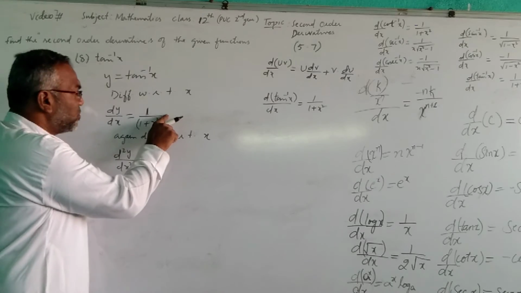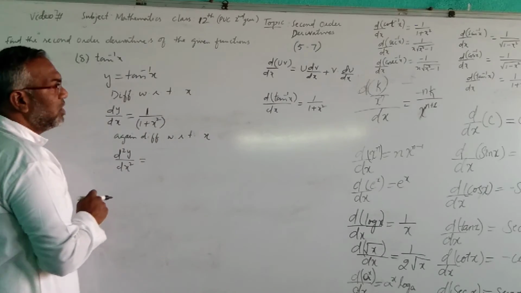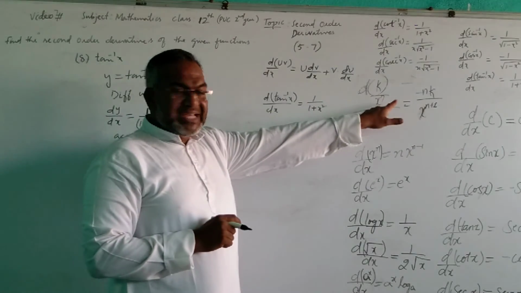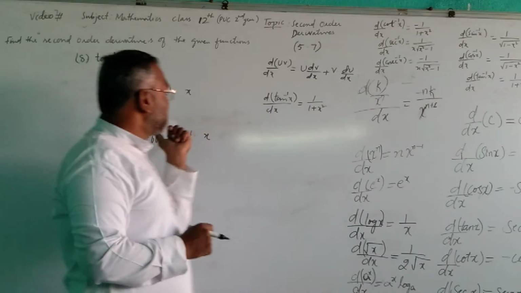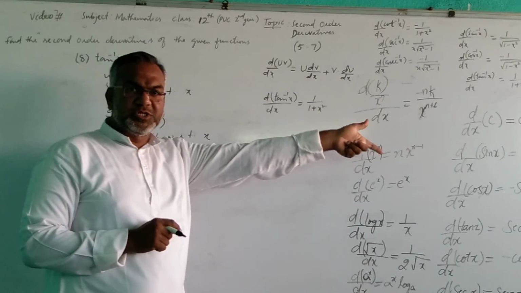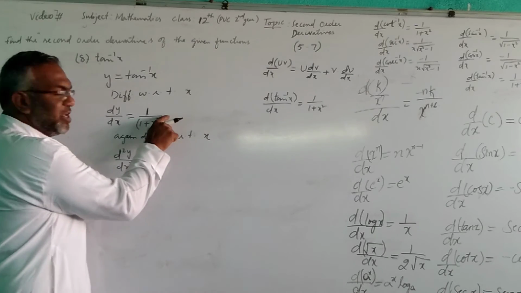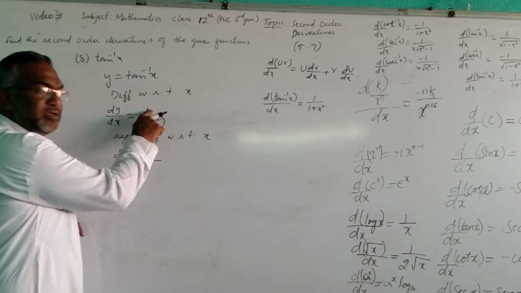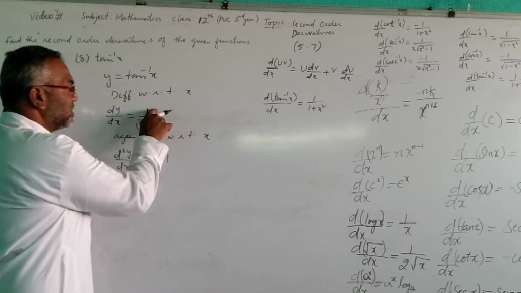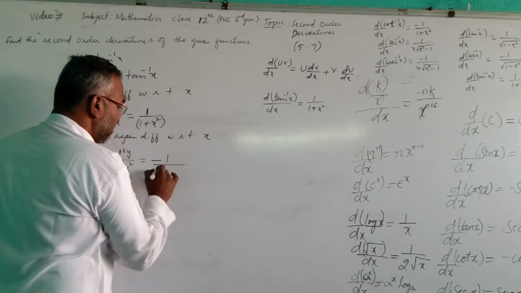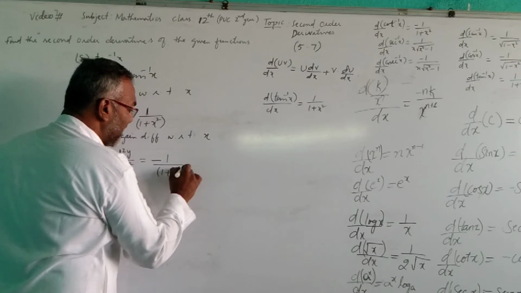Power here is n, that is 1, right? So what is the rule? Change the sign. If it is positive, make it negative. It's positive, so it will become negative, and this power 1 will multiply with this 1, so it will become 1 only. 1 ones are 1 divided by 1 plus x square.